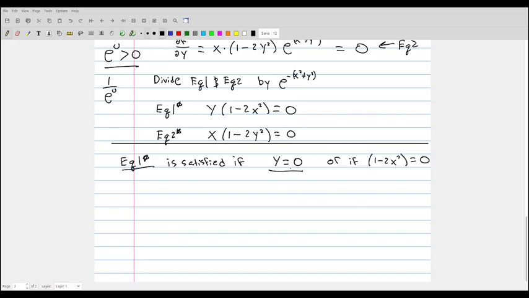If y is equal to 0, then equation 2 star becomes the equation x times 1 minus 0 is equal to 0, or the equation x is equal to 0, which means that our first critical point is the point (0, 0). X equals 0, y equals 0.